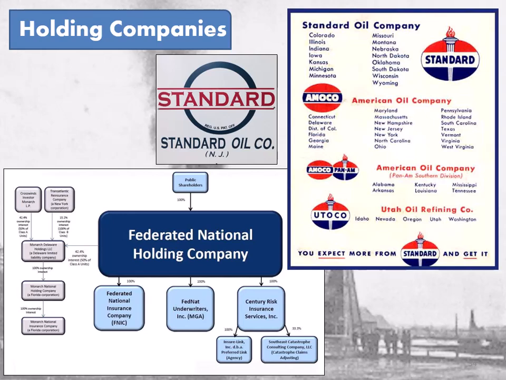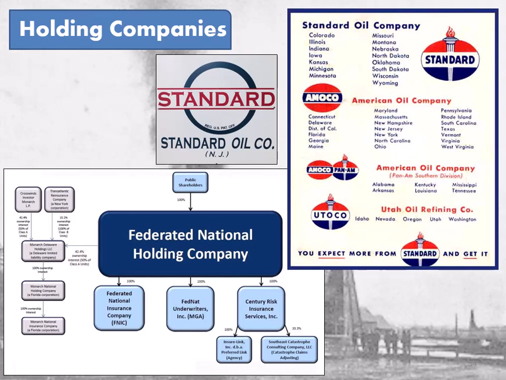Well, the key development of the holding company is that it permits a corporation to outright own assets in a variety of states. It will become the standard organizational form for American corporations for the next century or more. And it allows this other kind of fiction. So a holding company is incorporated in the state of New Jersey.